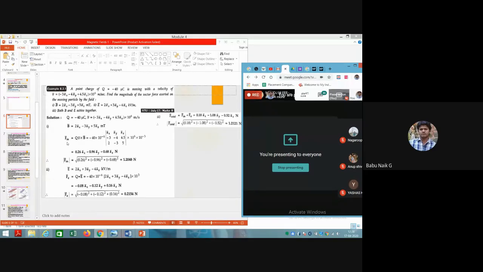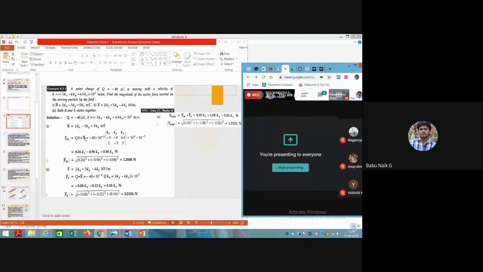The force in a magnetic field has the formula: the charge in motion with velocity v, cross B bar, which equals the charge given, minus 40 into 10 to the power of minus 6, times v cross B. You can take this as a determinant in the Cartesian coordinate system: a_x, a_y, a_z, and the first row is the velocity. The velocity is given in Cartesian with x component minus 3, y component minus 4, and z component 4.5, times 10 to the power of 6 meter per second.